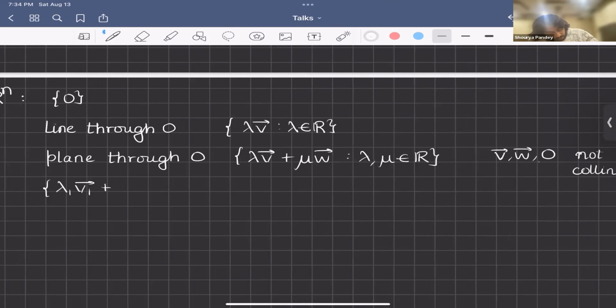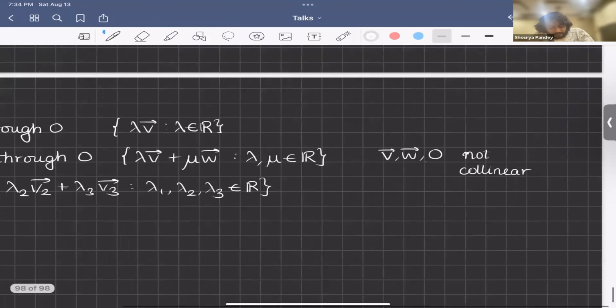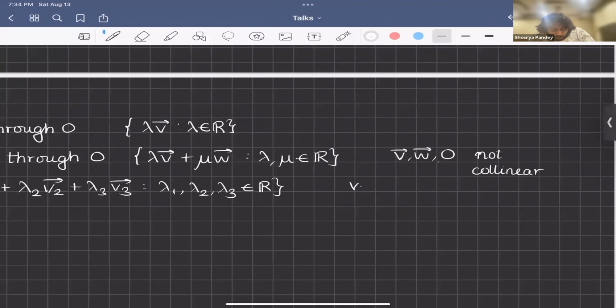Okay, now let me just change notation because I can't keep using new letters all the time. Lambda 1, lambda 2, lambda 3 are reals. And here basically we'll get that V1, V2, V3, and the origin should not be coplanar.